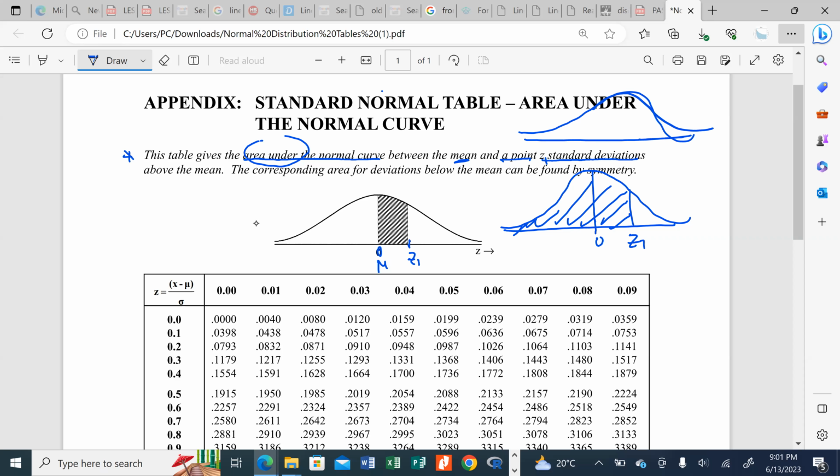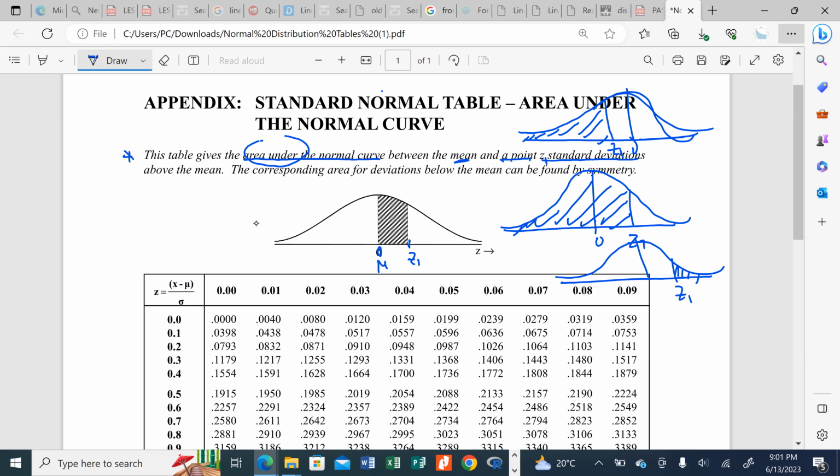Sorry about the shape. 0, so they'll give you Z1. So they'll give you the cumulative area from minus infinity to a point Z1 standard deviations below the mean. Others will give you the area above. Okay, so if this is Z1, like that.